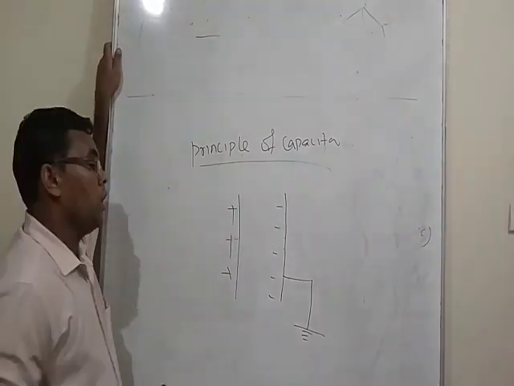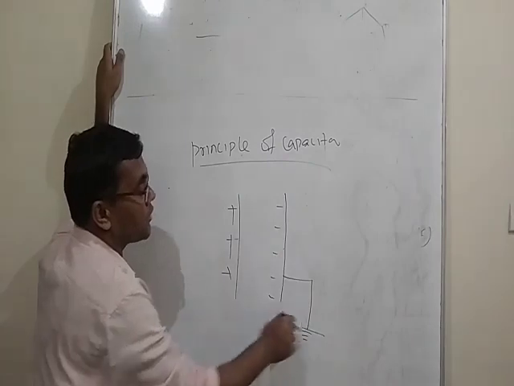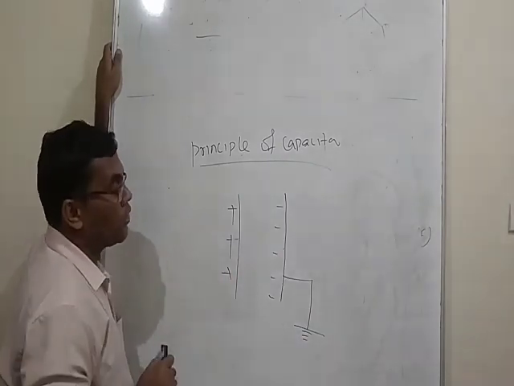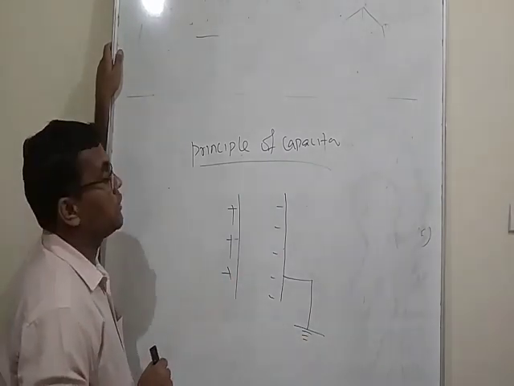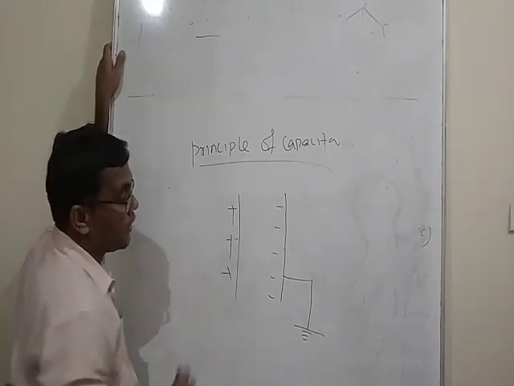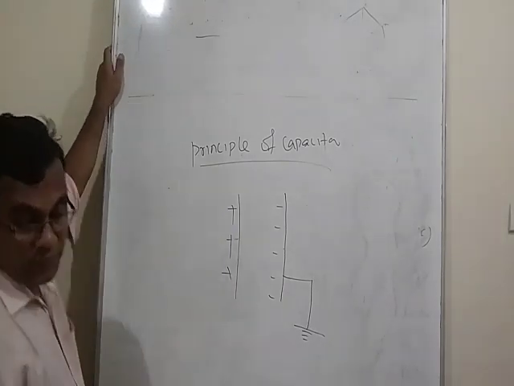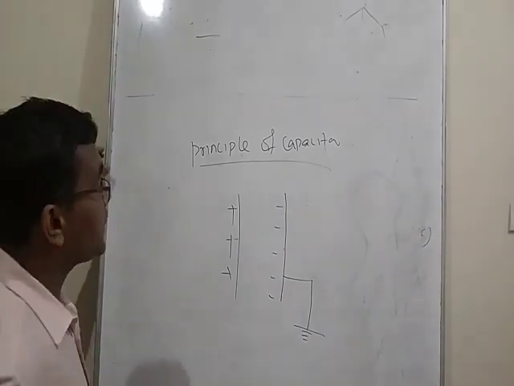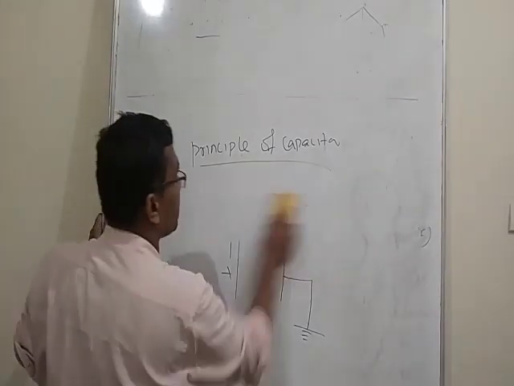It is the principle of a capacitor. If one of the plates of the capacitor is earth connected, then the total charge decreases, so the capacity of the system increases.